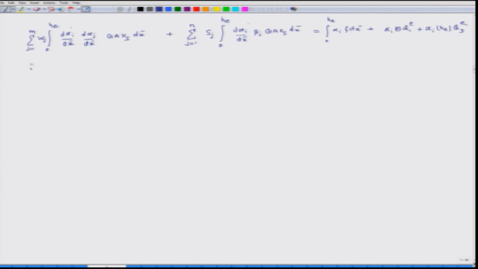The second equation is again sum over j equal to 1 to m, w j, integral 0 to h e, and here the whole equation is being multiplied by weight function W2, which is beta.